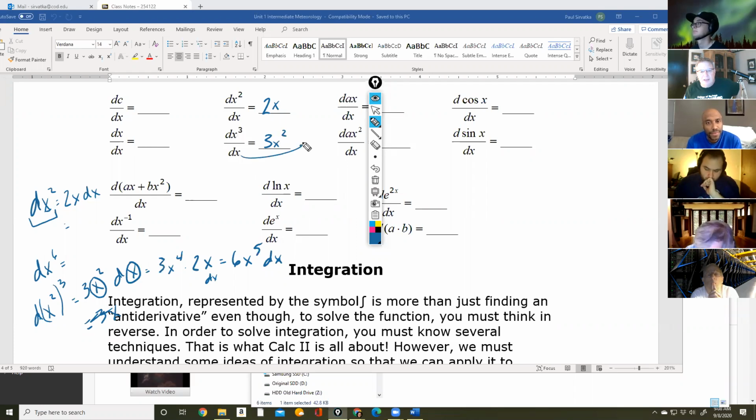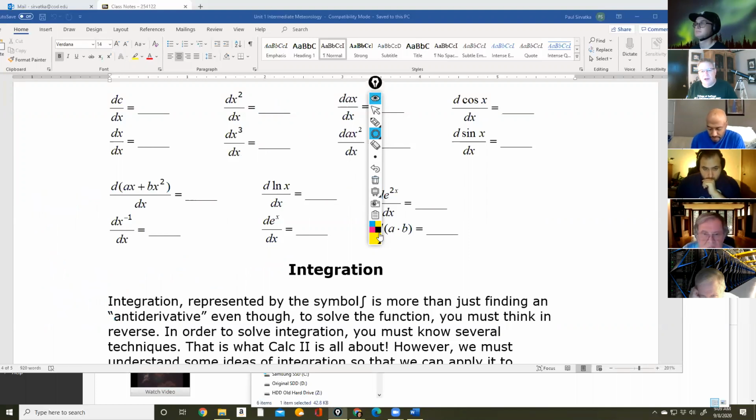If I brought the dx on that side, I could say the derivative of x cubed is 3x squared times the derivative of whatever that is. So rather than thinking of x as being specifically x, think of it as the derivative of whatever that thing in a circle is. And this will help you in integration when we start to go into integration.